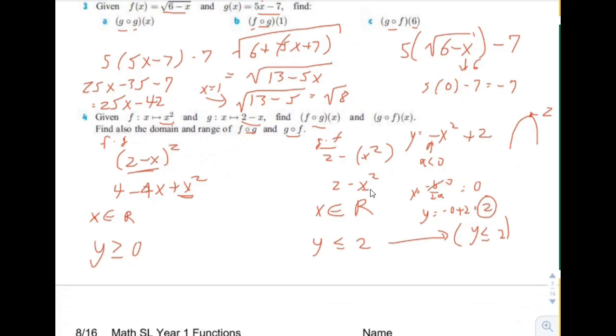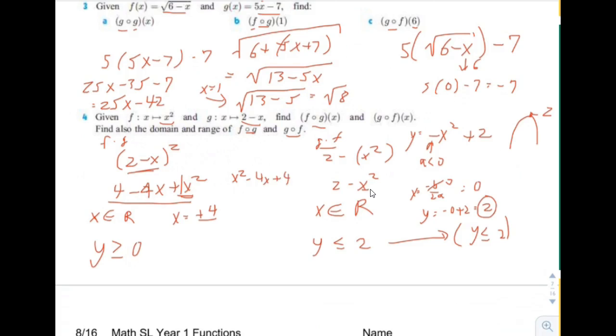Okay, what about this one? In this case, we multiplied it all out. Let's see what the axis of symmetry is. It's negative b, which is plus 4, divided by 2a, where a is this 1 right here. If we write it in the order we're used to, it would be x squared minus 4x plus 4.